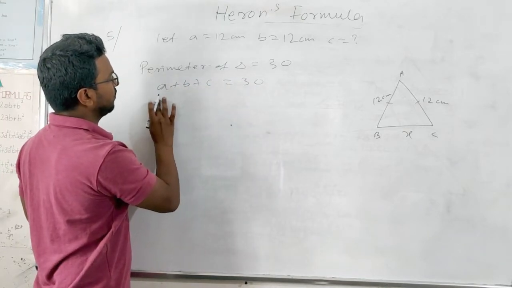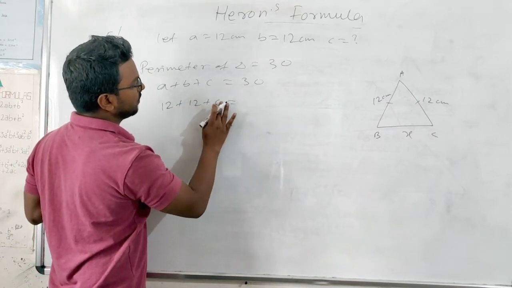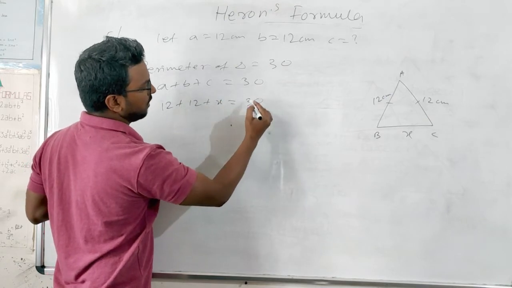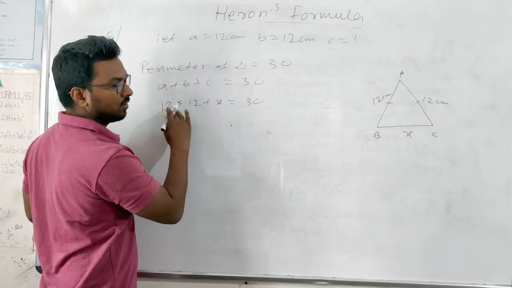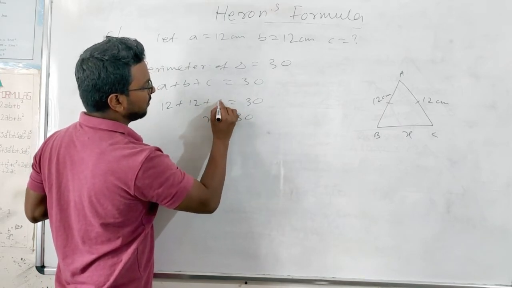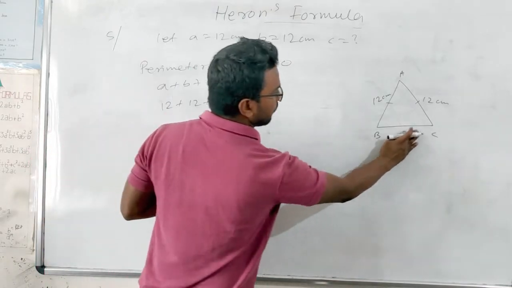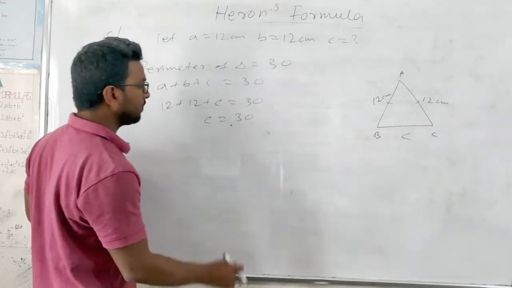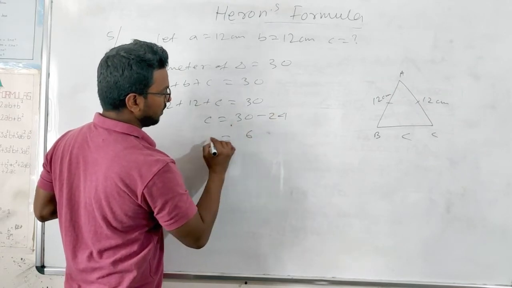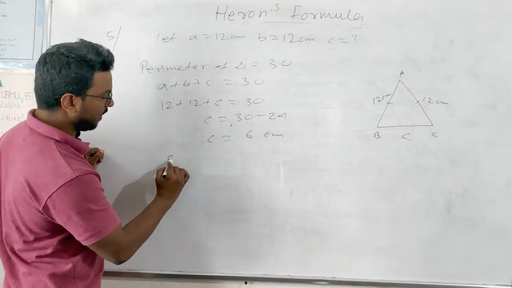So this is 12 plus 12 plus C, you can take x or C also, same thing, equals 30. So this will be 24. Take to the other side, C equals to 30 minus 24. So this will be 6. C is 6 centimeter.